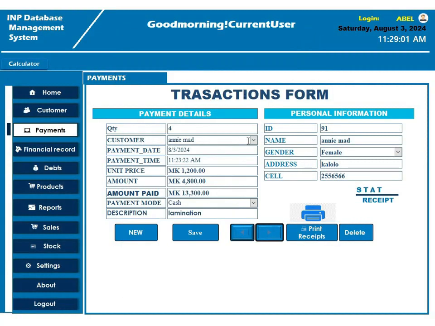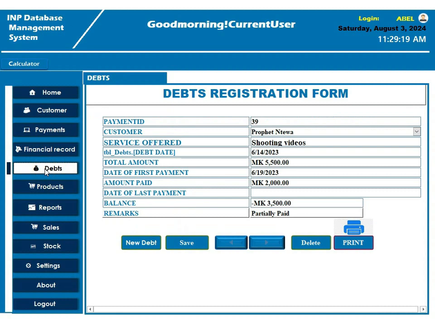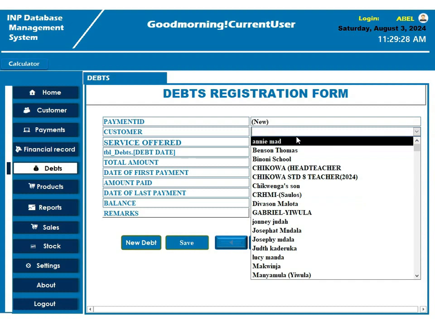That's that. Now imagine that the customer has not paid anything, or maybe has just paid part of the bill. What are you going to do? You have to go under this button, debts. You click here, then you click add new, then you select the name you have registered.